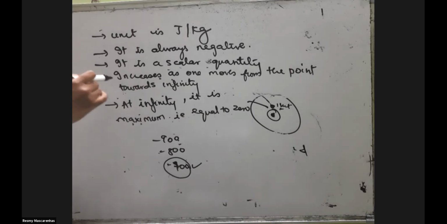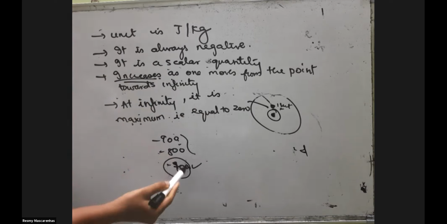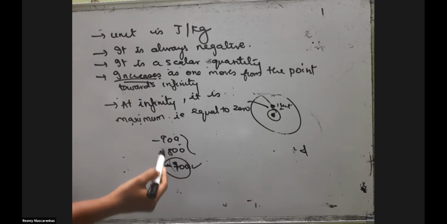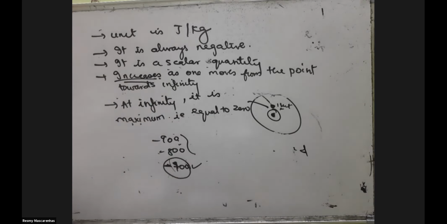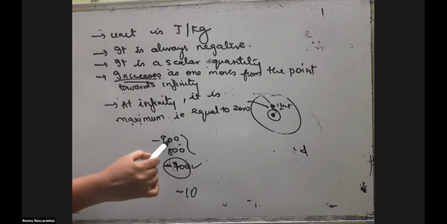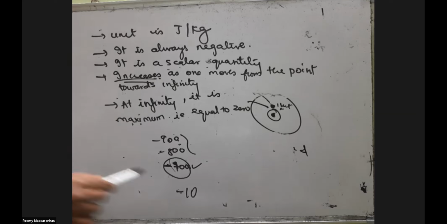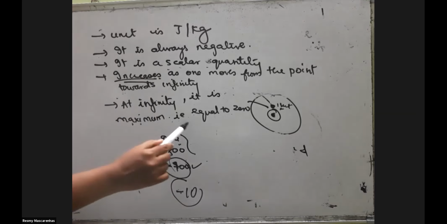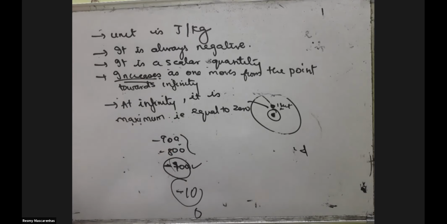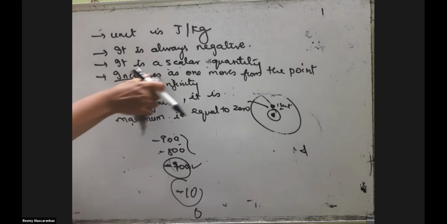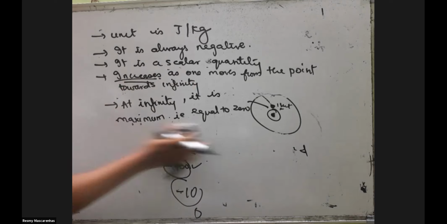So that is why we say it is increasing. Because it is negative, minus 10 would obviously have a higher value. And what is the maximum value? It would reach 0. Potential is increasing.